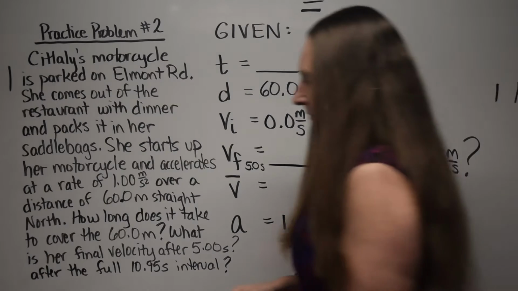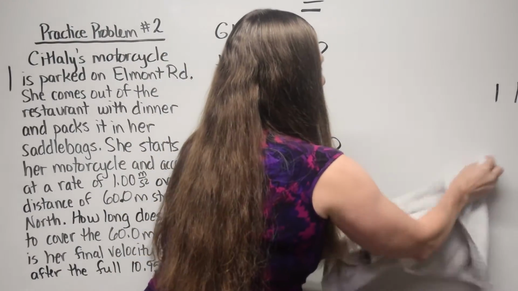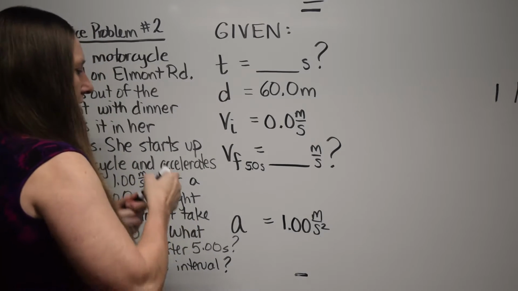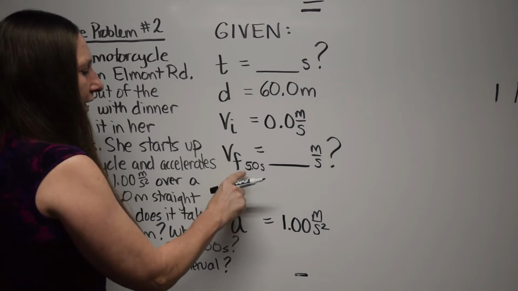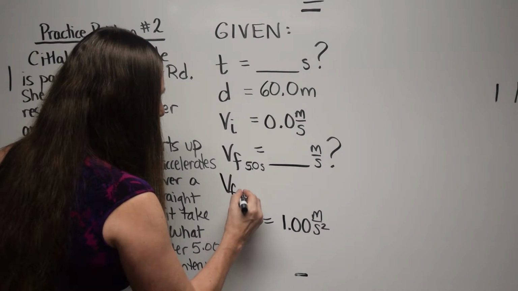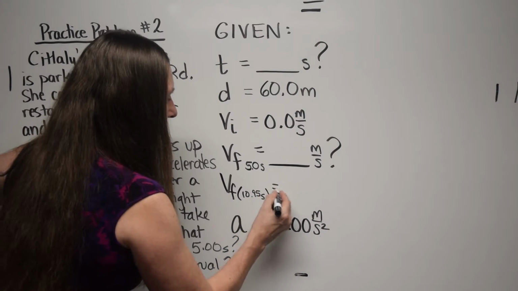Now I tell you what, let's move this over here for now. We'll move this over here. So we want to know her final velocity at the end of 5 seconds, and then her final velocity at the end of 10.95 seconds.